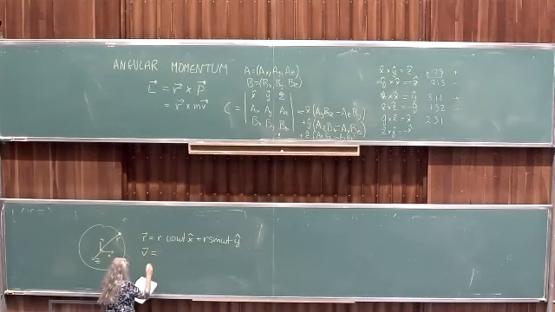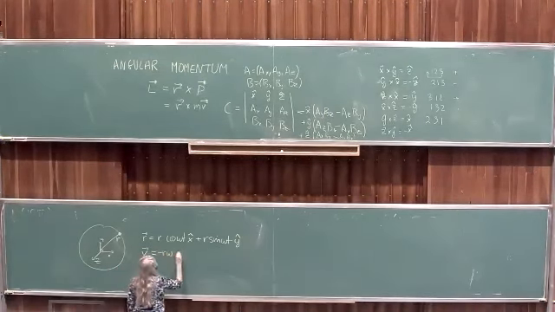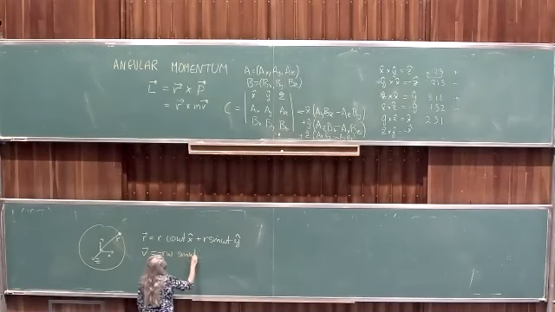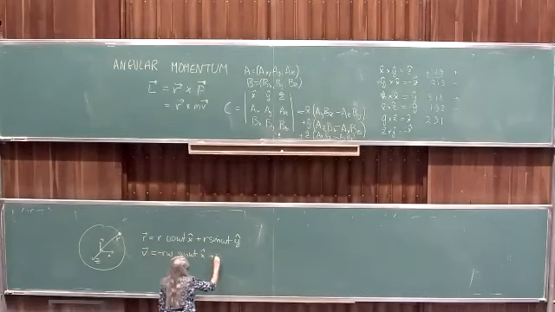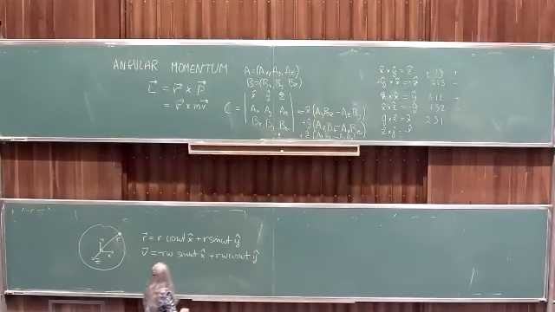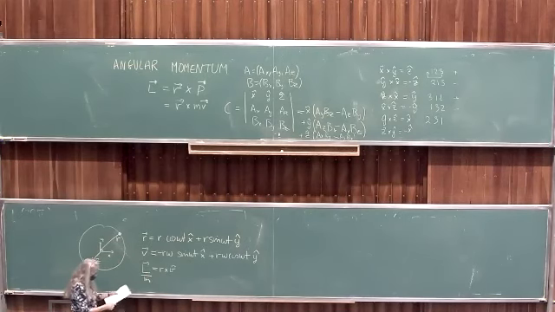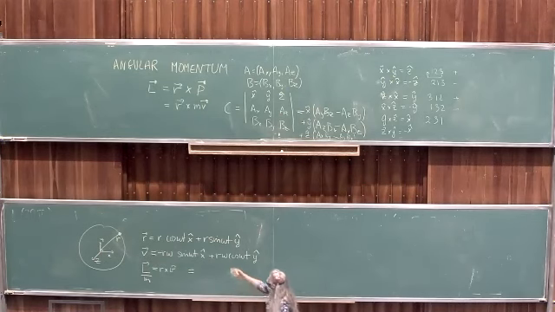Then my velocity vector is just the time derivative of this. And I can compute L over m, which is r cross v. If you do that, then the x times x's are going to go away, and the y times y.